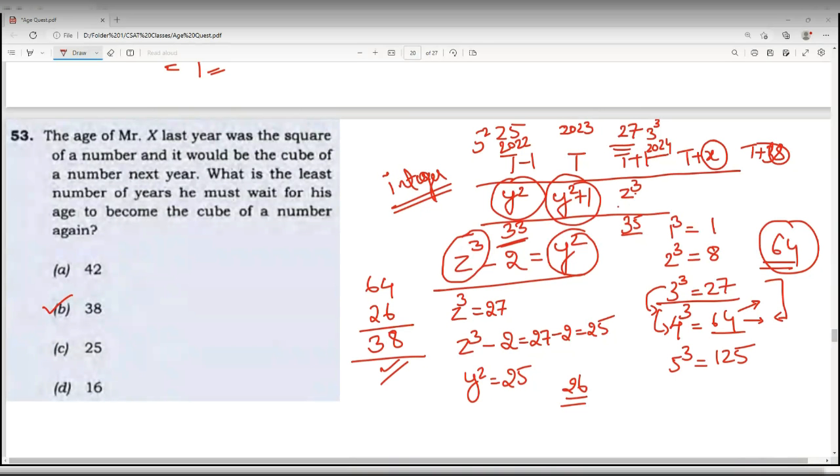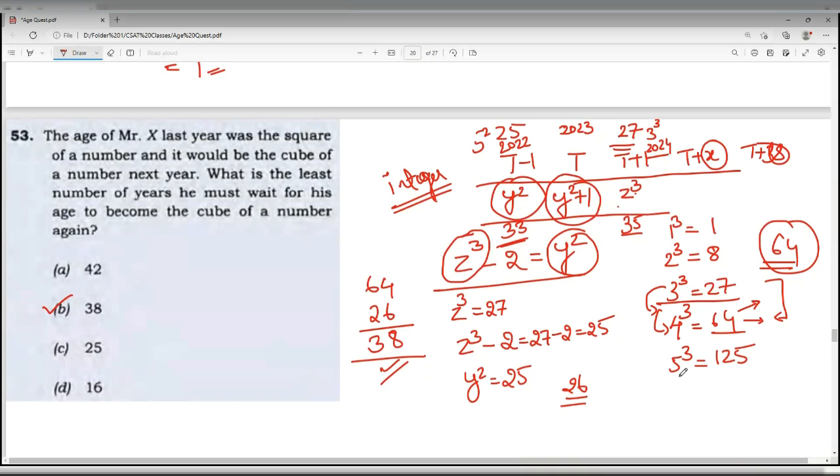Yes, it's a bit tricky. It's not straightforward algebra, but whenever they are talking about squares and cubes, just list the available squares and available cubes. 1 cube, 2 cube, 3 cube, 4 cube, 5 cube is 125.